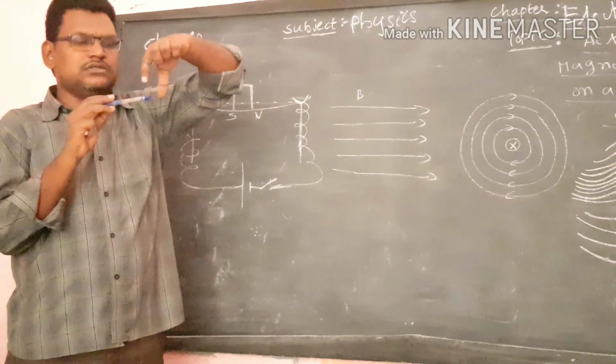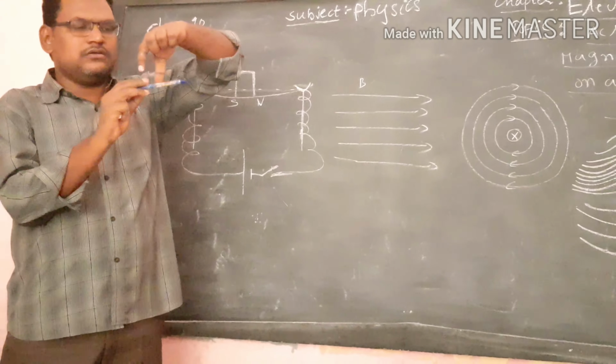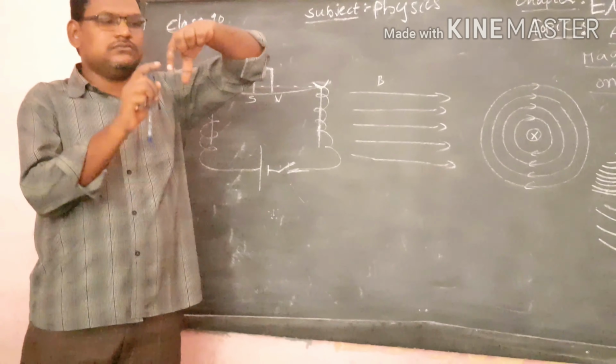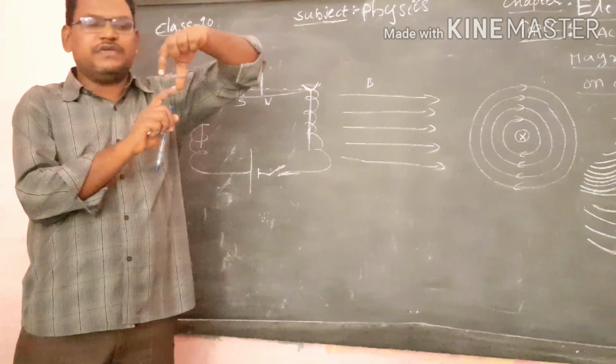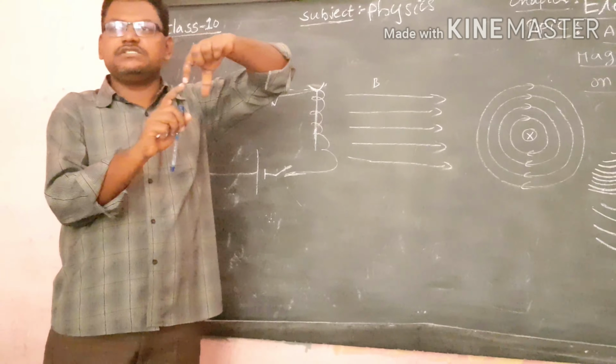Here there is a flow of current through the wire, and this is the north pole of the horseshoe magnet and this is the south pole.